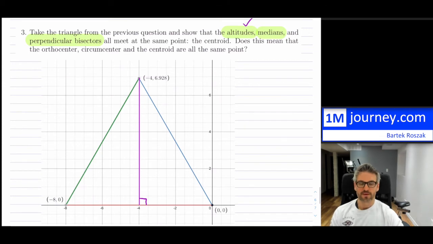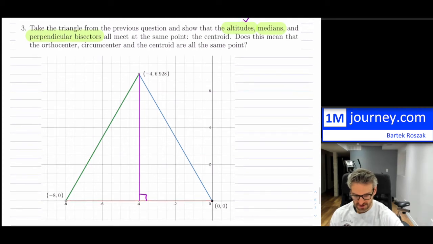Okay, now medians. What are medians? Medians are from a vertex to the midpoint of the opposite side. Well, this is exactly the same thing, because the opposite side, the midpoint, is right here, right? It's at -4, 0. So that is the median.